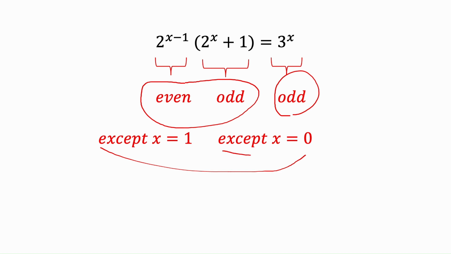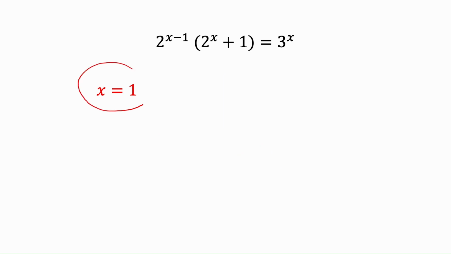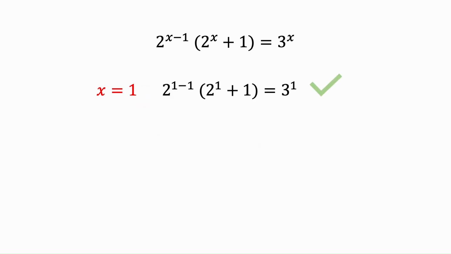And we know from before that x cannot be equal to 0 because it was a root in our denominator. So this is going to be cancelled. And we should check this one. Let's check x equals 1 and see if it works in our equation or not. If we substitute x by 1, it's going to be 2 to the power 1 minus 1, which is going to be 1.